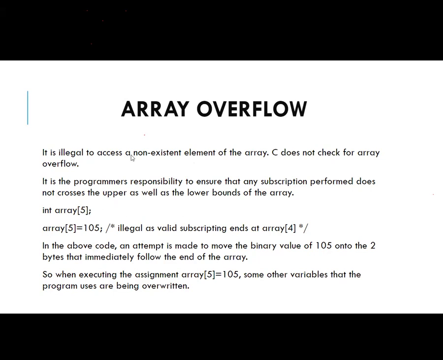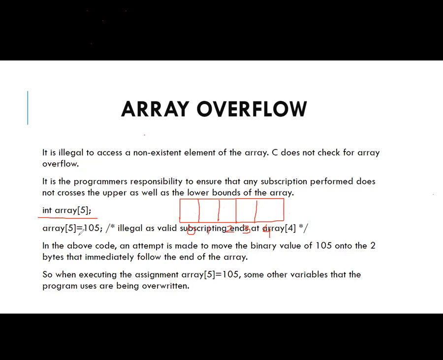I have taken an array of size 5. This is how I have done the declaration. What does this indicate? It indicates that I'm going to have 5 elements. So this will be the 0th position, this will be 1, this will be 2, this will be 3, and this will be 4.